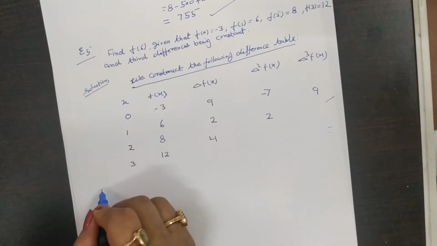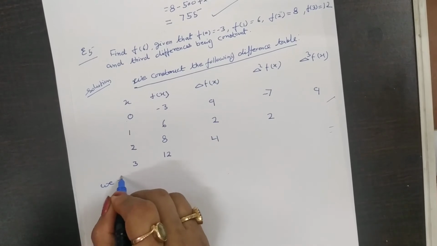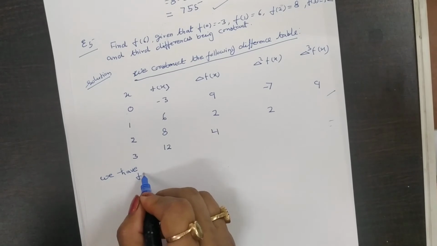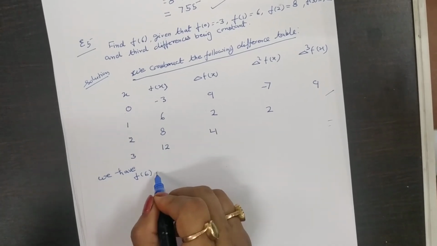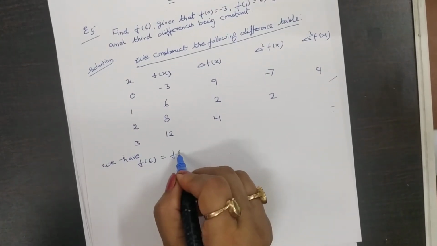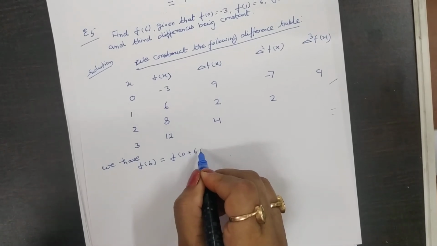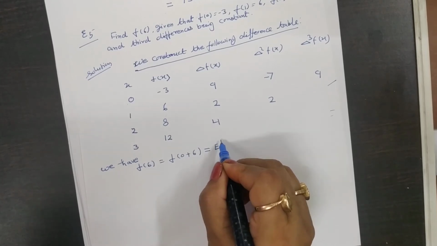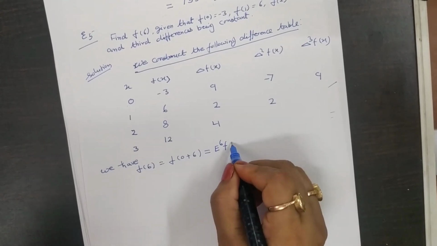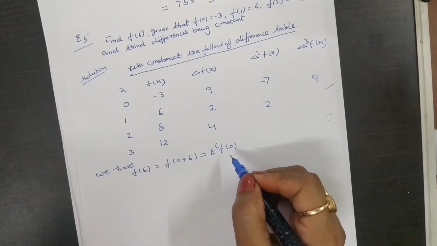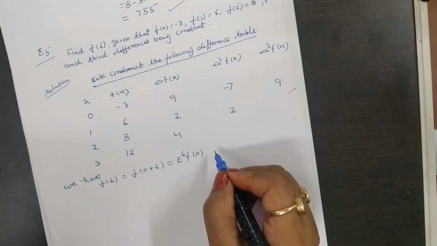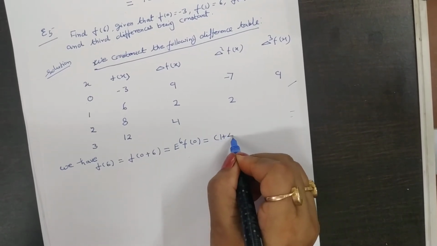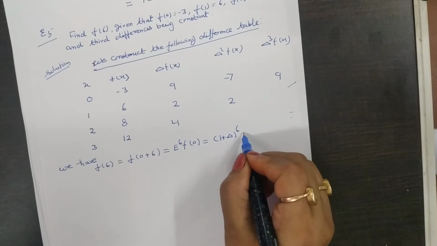Now you can find f of 6. So we have f of 6, which can be written as f of 0 plus 6, that can be written as E to the power 6 of f of 0. Because E can be written as 1 plus delta, this can be written as (1 plus delta) to the power 6 f of 0.